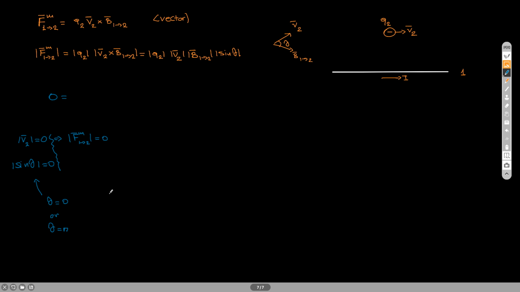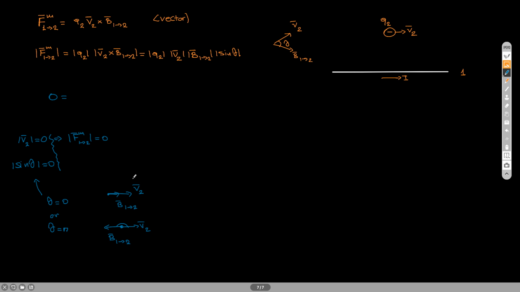Now, what does that mean? If V2 points to the right and the magnetic field points in the same direction, then the angle is 0. Or the other option, if the angle theta is pi, if the charge is moving to the right and the magnetic field points to the left. Here the angle is pi. Here the angle between the two vectors is 0.